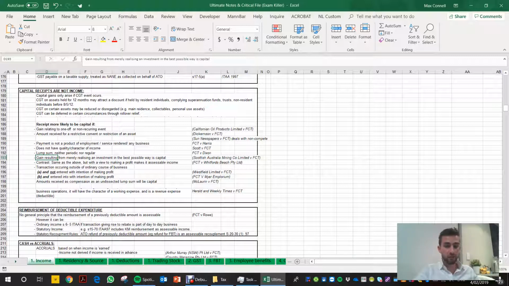Ended up being a capital gain. So you want to reference Scottish Australia Mining Co Limited. Similar to Whitford's beach as well, so they decided that they were going to sell the beach with a view to make the best possible return, and it was deemed as capital.